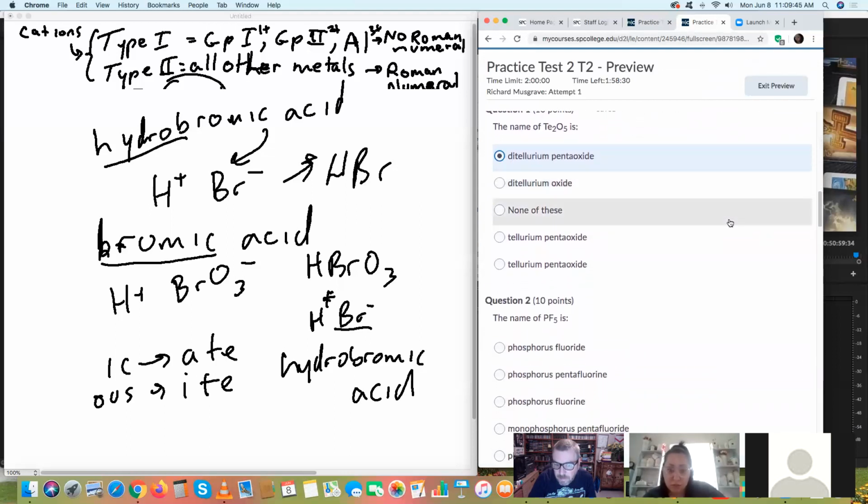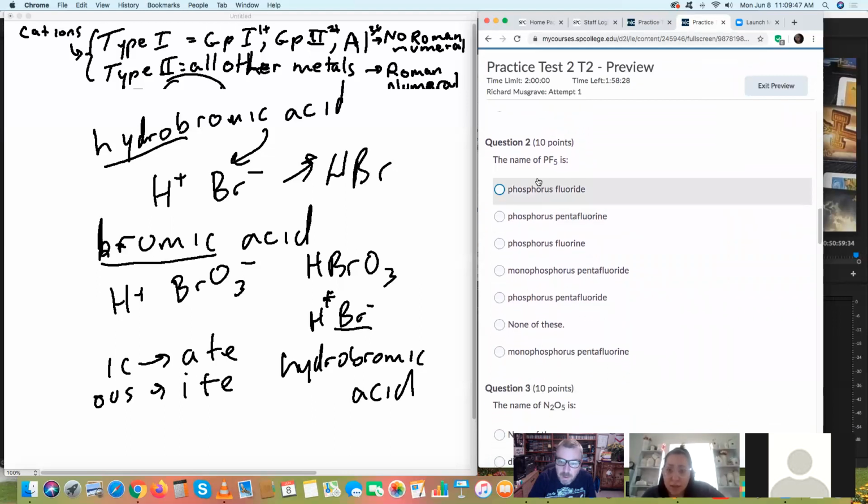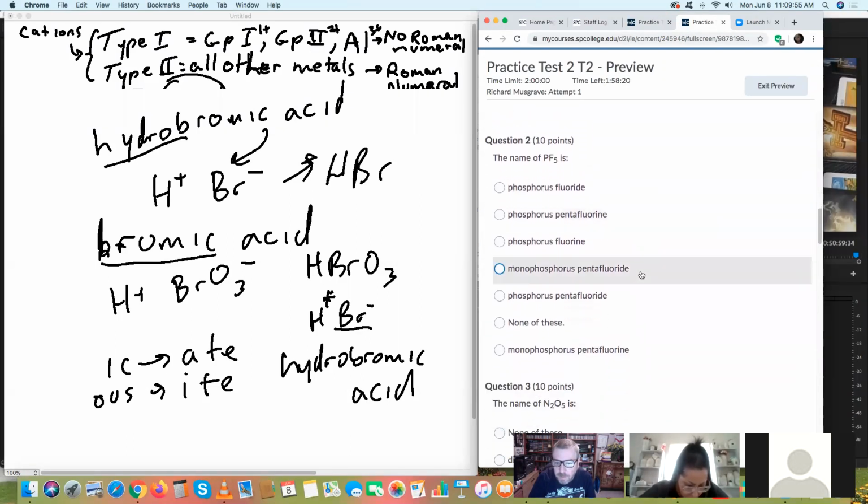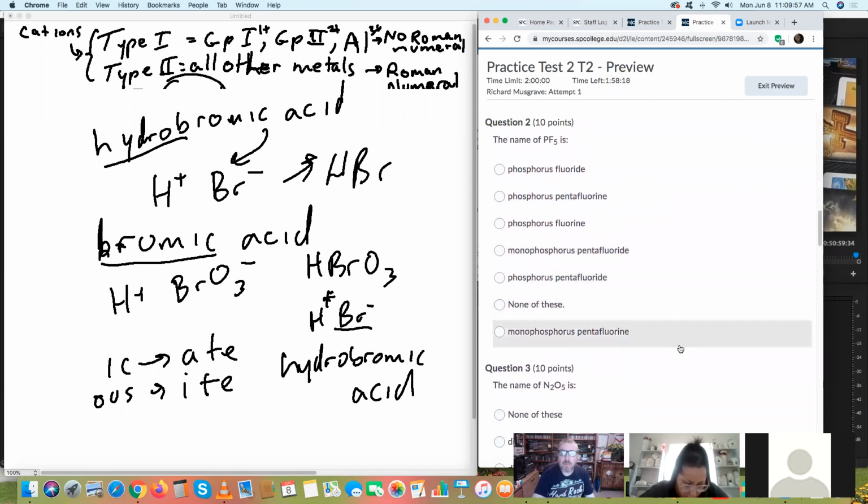Okay. So what about this one here, PF5? So you look at it again, both are nonmetals. So what would the name be? So over there will be phosphorus and penta. Penta what?